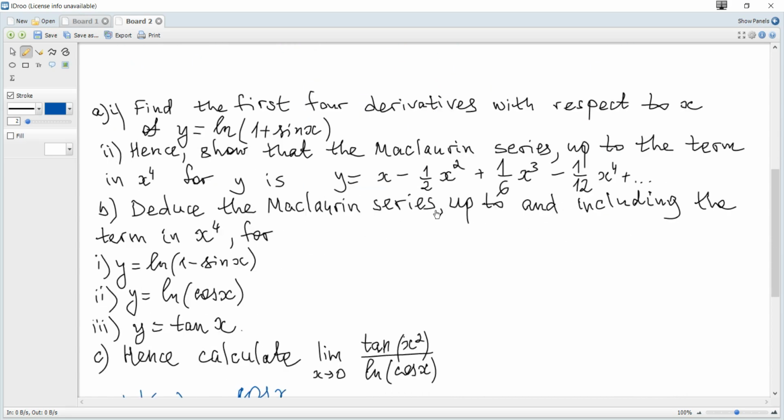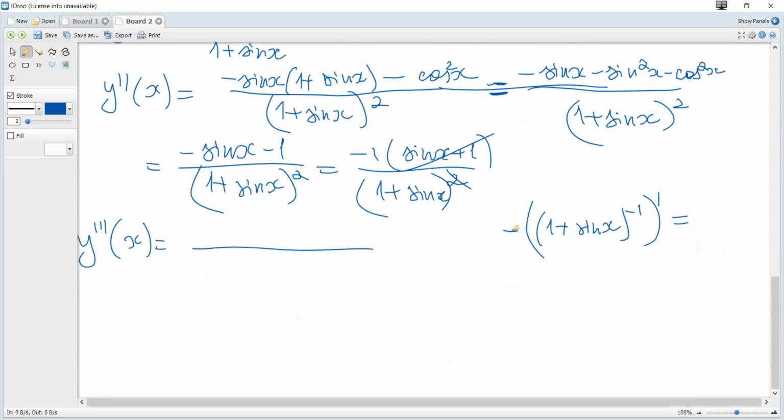So it becomes this minus and power exponent -1, 1 plus sine x to the power -2, and 1 plus sine derivative, which is cosine. It becomes plus, so we can see that it becomes cosine over 1 plus sine squared.